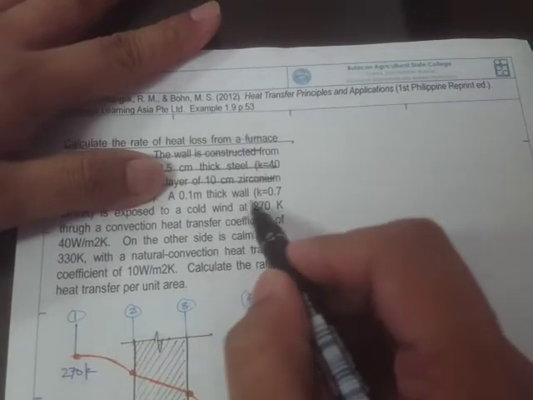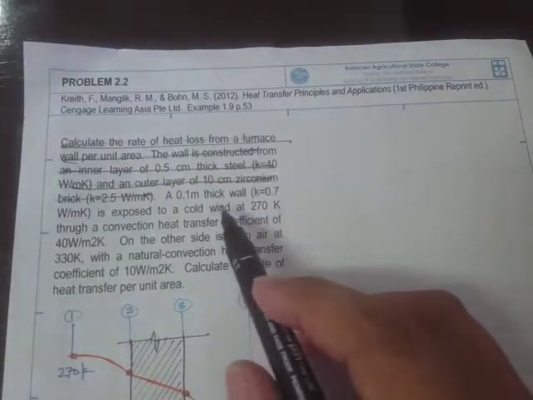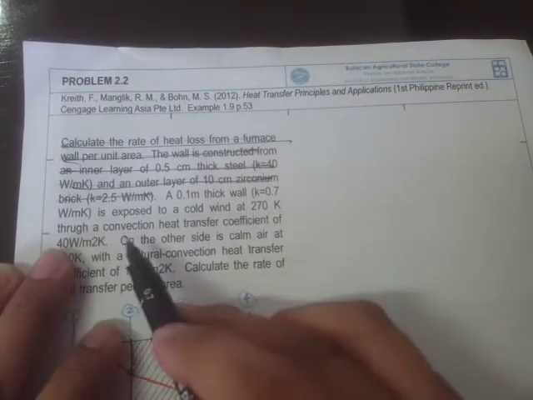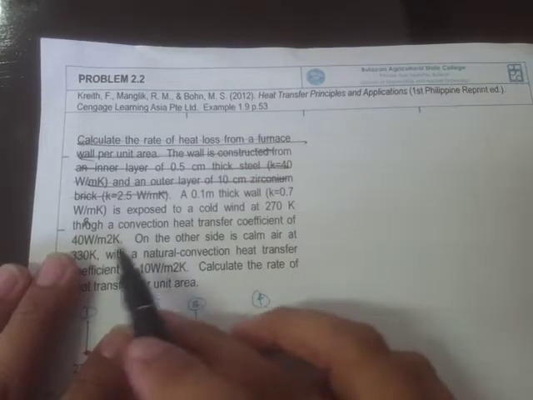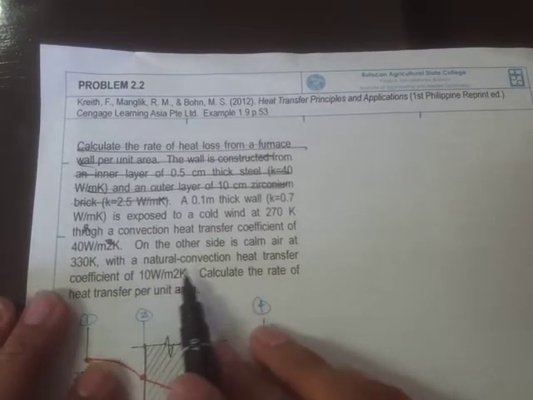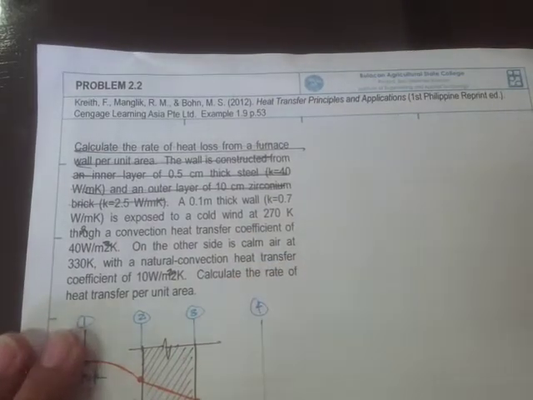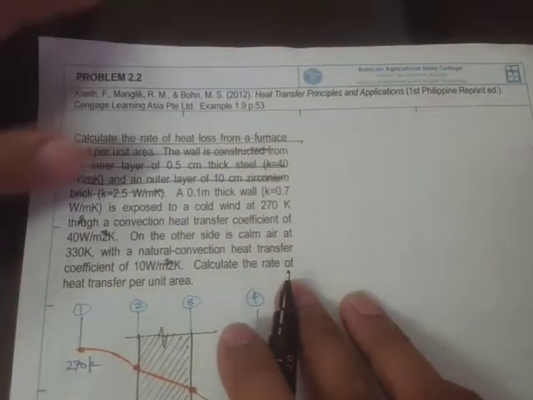A 0.1 meter thick wall having a thermal conductivity of 0.7 watts per meter Kelvin is exposed to cold wind at 270 K through a convection heat transfer coefficient of 40 watts per meter squared Kelvin. On the other side is calm air at 330 K with a natural convection heat transfer coefficient of 10 watts per meter squared Kelvin. Calculate the rate of heat transfer per unit area.